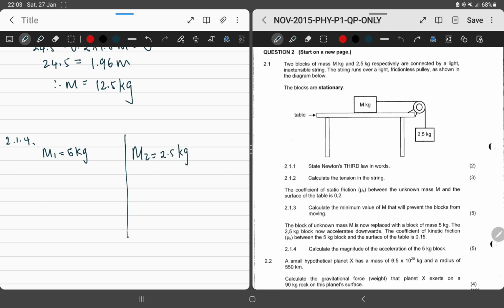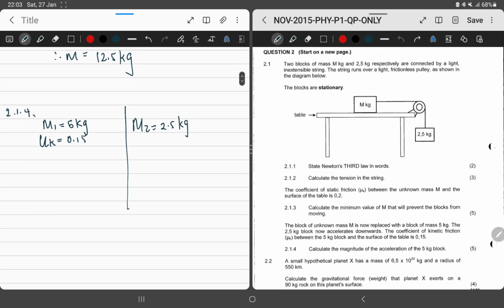The coefficient of kinetic friction between the 5 kilogram block and the surface, mu_k, is given as 0.15. They want us to calculate the magnitude of the acceleration of the 5 kilogram block.